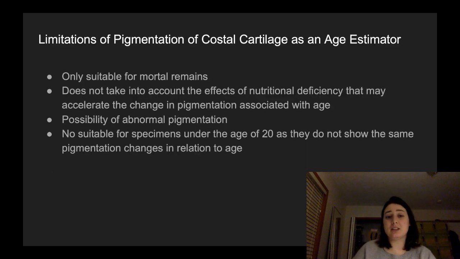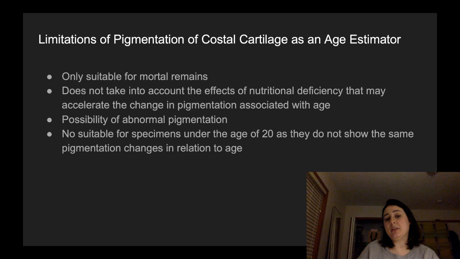Some limitations are that it is only suitable on mortal remains, so it's going to be a lot harder to do that on skeletal remains, as that costal cartilage is going to see a lot more changes over time as the body decays. Again, like I said before, it does not work for specimens that may be under the age of 20 or older than the age of 60.